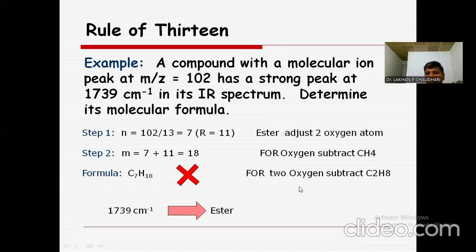So for two oxygen atoms, we replace two carbon atoms and eight hydrogen atoms. If we do that, we get a new formula, C5H10O2. In this way, we can replace the heteroatoms and get the formula for the unknown compound.